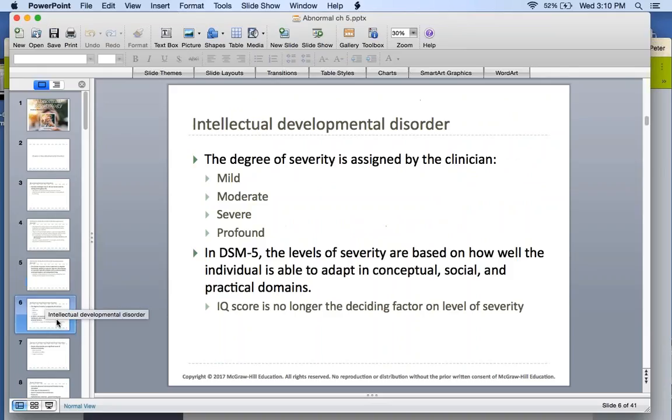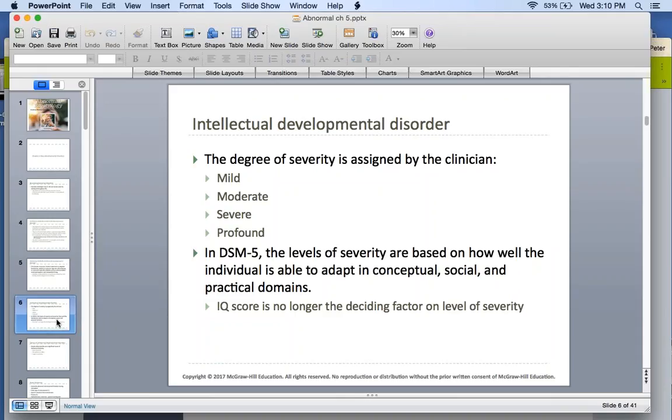Okay. So within the intellectual developmental disorder, we do assign a degree of severity. We would say mild, moderate, severe, or profound. Again, when I was trained before the DSM-5, we based this mild, moderate, severe, profound solely on the IQ score.